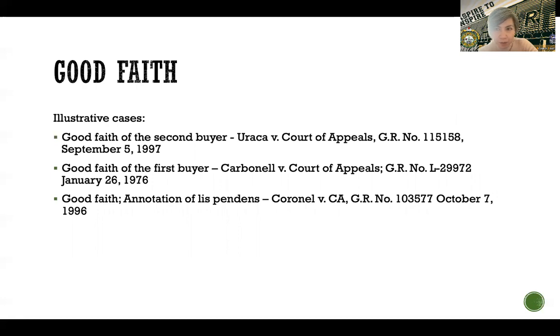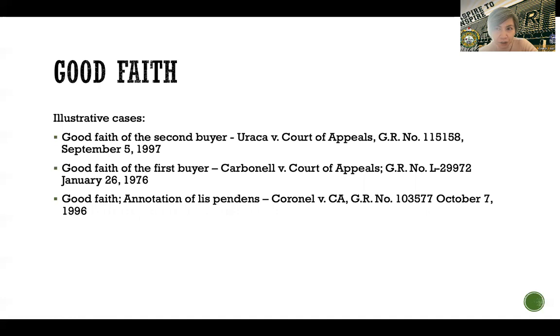So with respect to good faith of the parties, guys, especially the buyers, there are cases that illustrate the good faith of the second buyer, the good faith of the first buyer, and the third case of Coronel versus Court of Appeals.